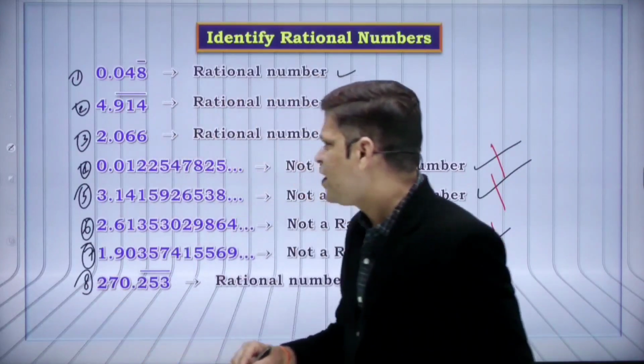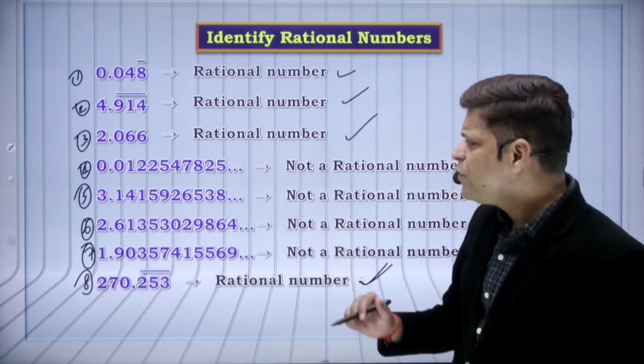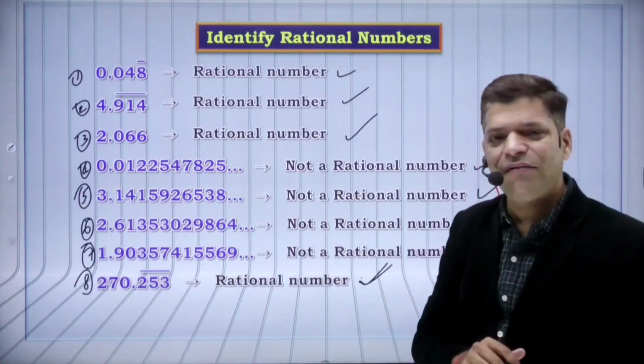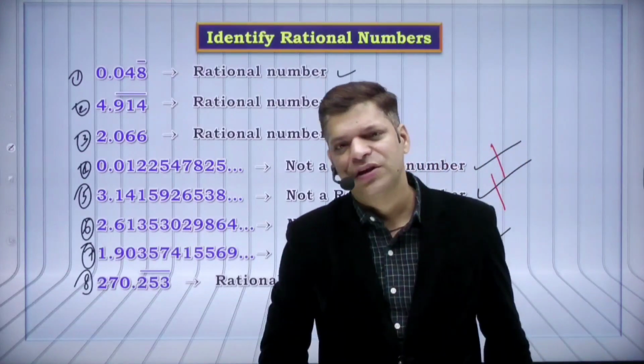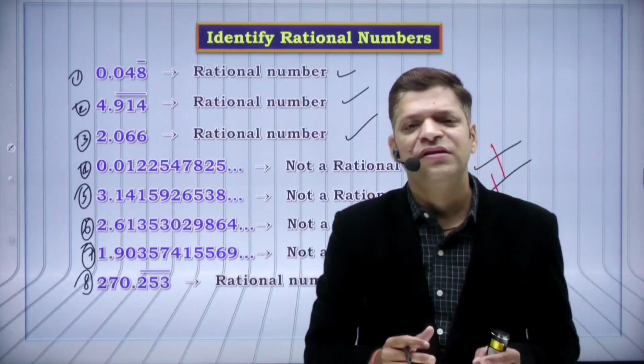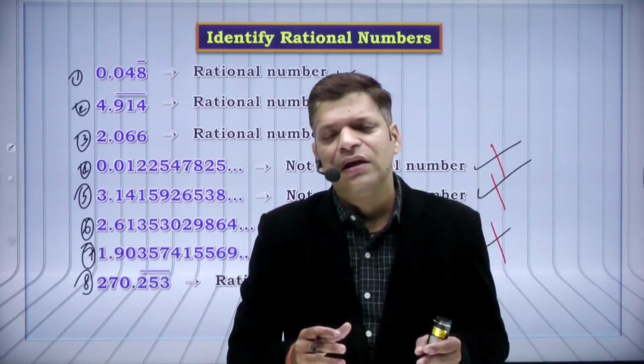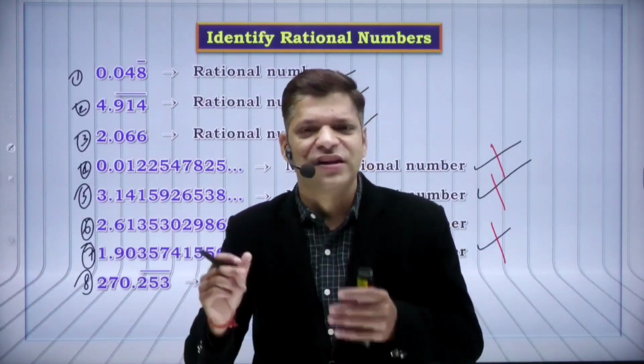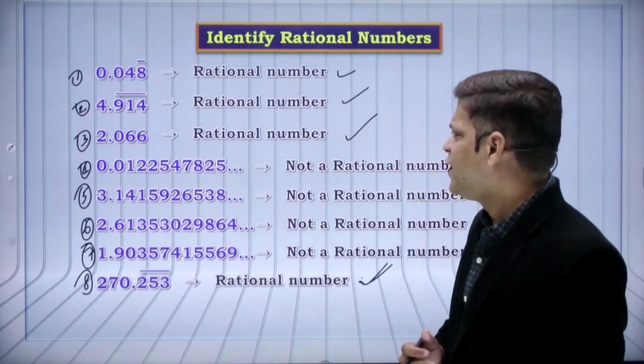We can see that numbers 4, 5, 6 and 7 are not rational numbers. So now the question is, in which category can we define this type of number? So the next, let's see.